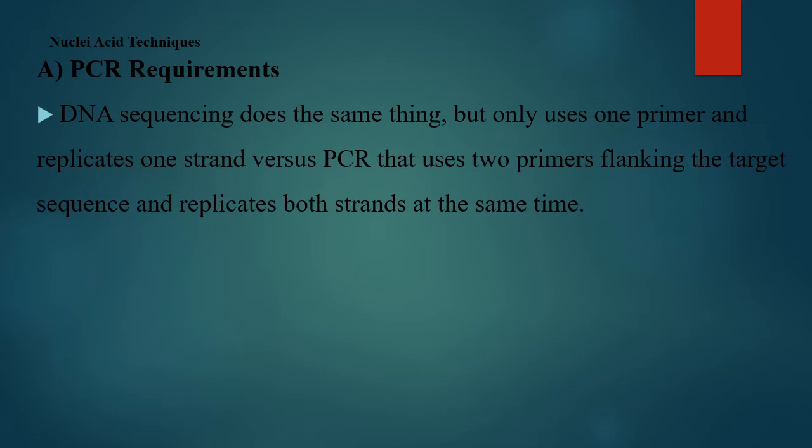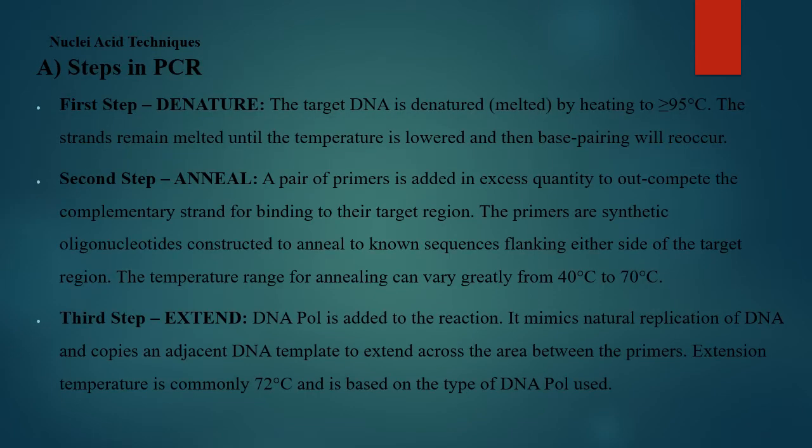In sequencing, one primer, one strand replicated. In PCR, two primers, and the two strands being replicated. That's the difference between PCR and DNA sequencing.